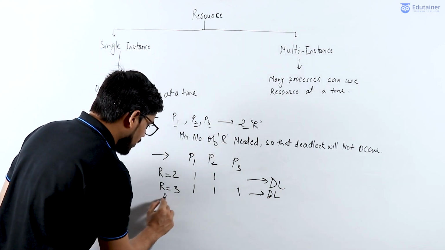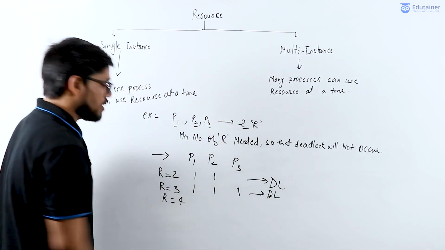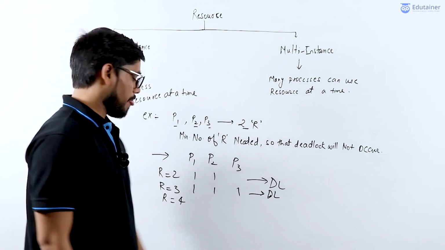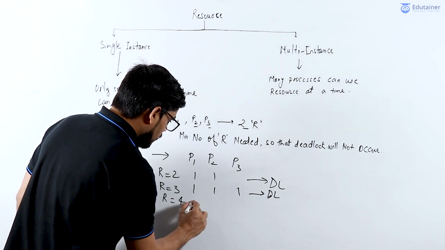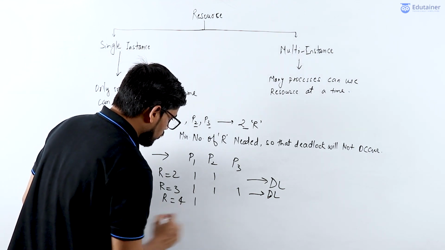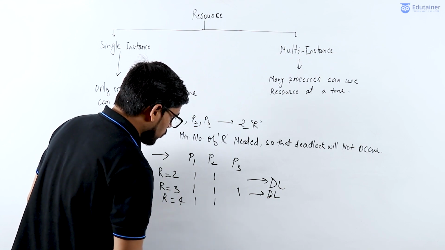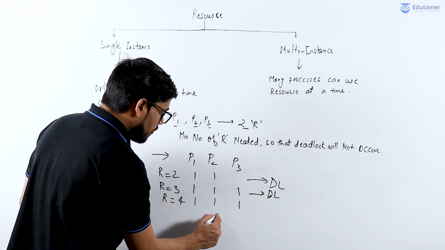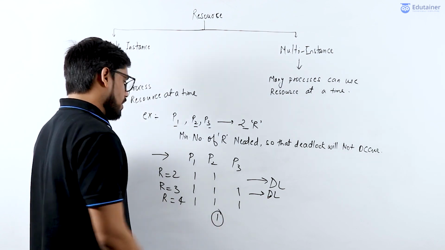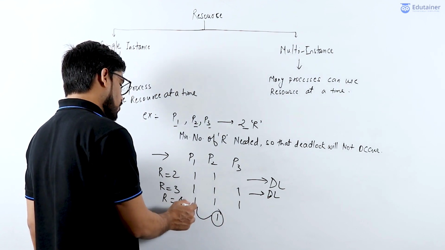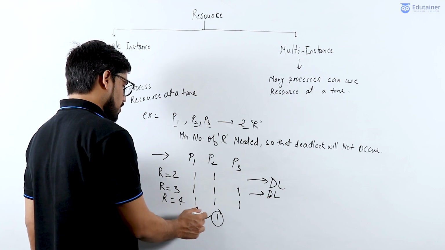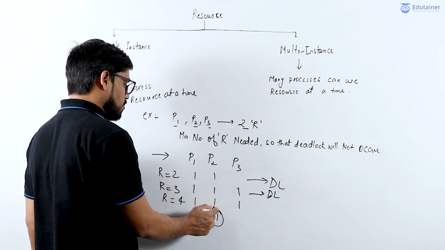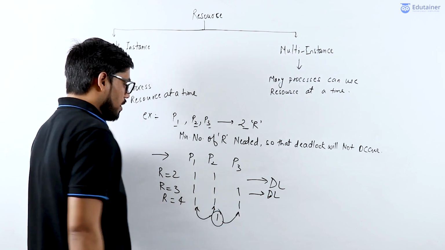And let's say if we have 4 instances of resource R available, then we will allocate 1 instance to process P1, 1 instance to process P2, and 1 instance to process P3. Now 1 more instance is left, and this instance can be given to any of these processes, either P1 or P2 or P3.